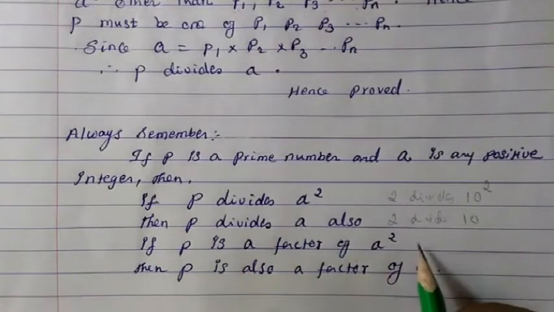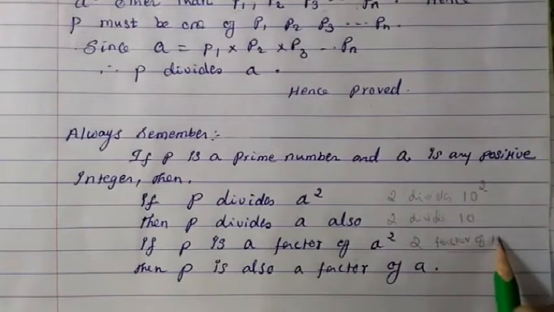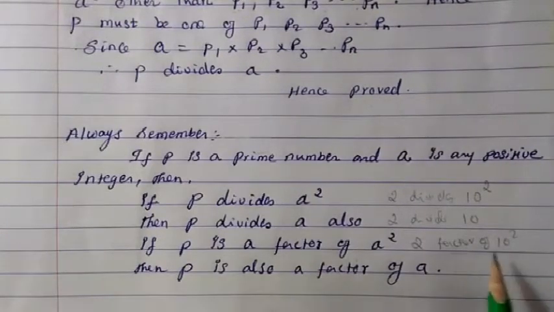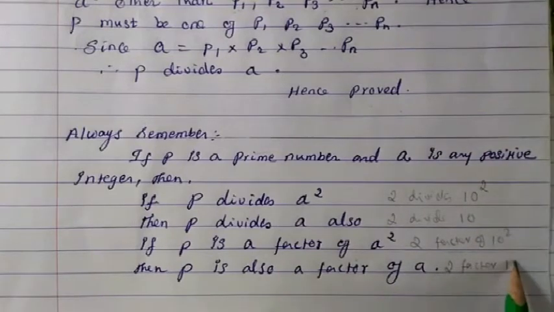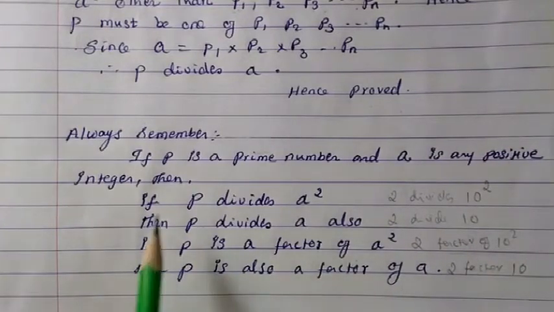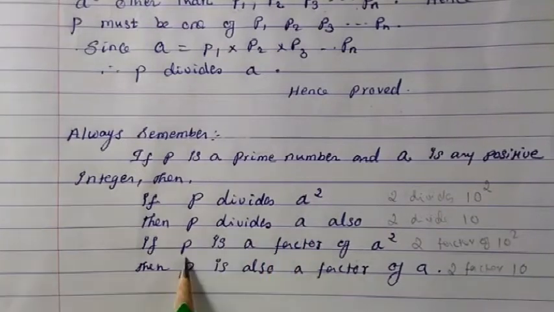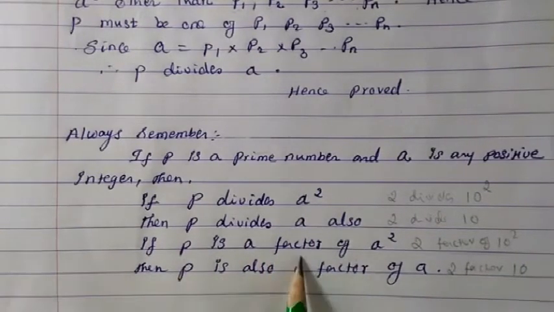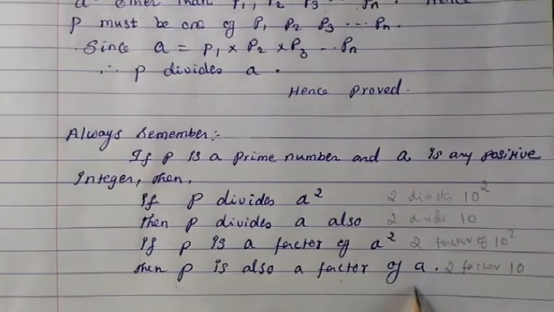In the same way, if 2 is a factor of 10 square, then 2 also will be a factor of 10. So that's what we are trying to tell. If P divides A square, then P also will divide A. If P is a factor of A square, then P also will be a factor of A.